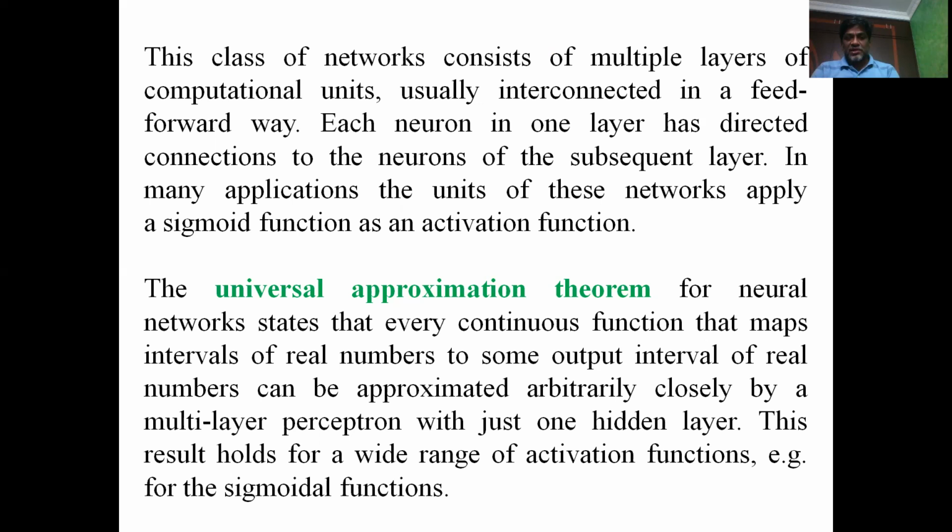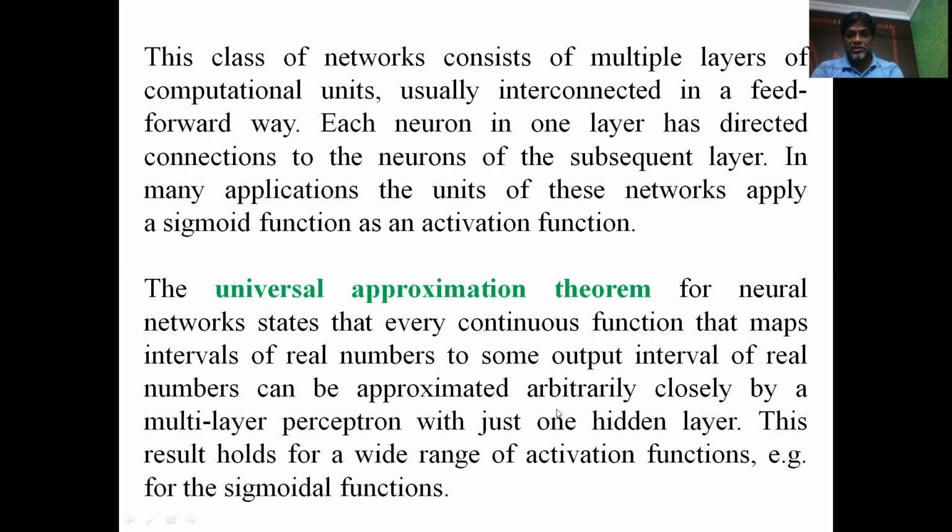This means that with the help of a single hidden layer in a multi-layer perceptron, most of the problems can be mapped to their outputs. This result holds for a wide range of activation functions such as the sigmoidal function.